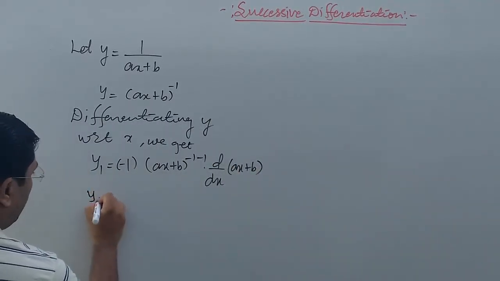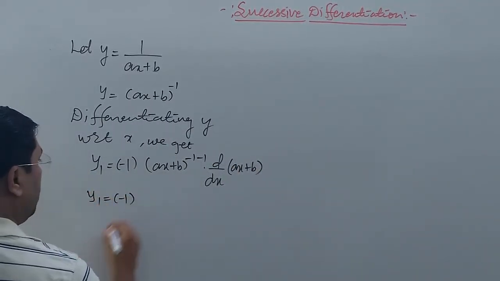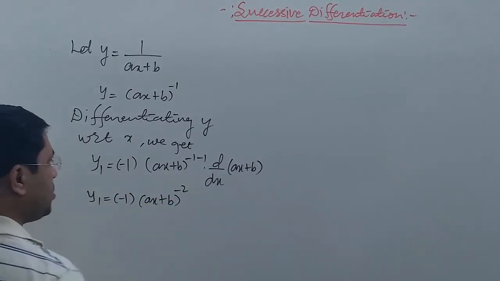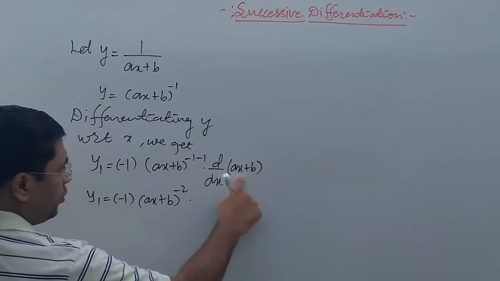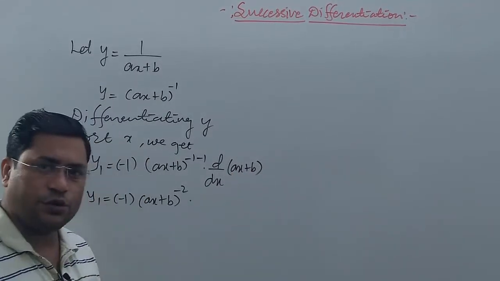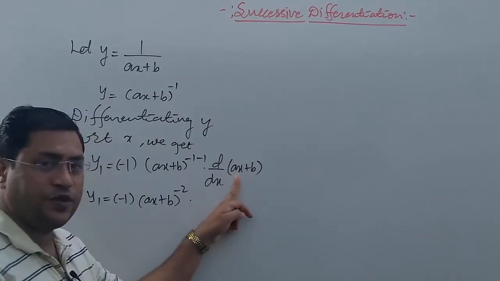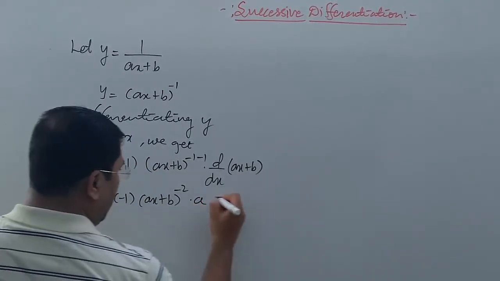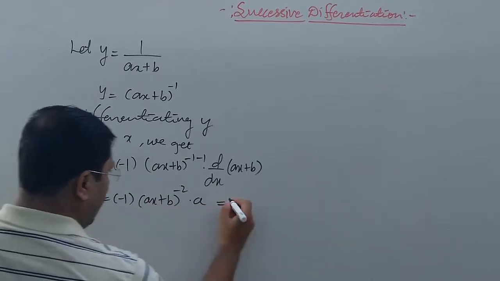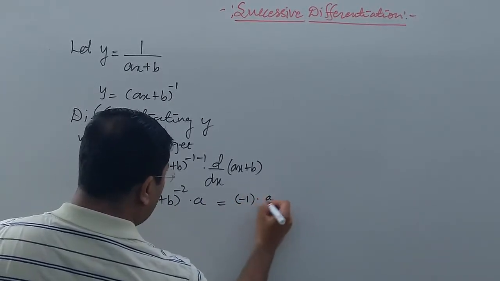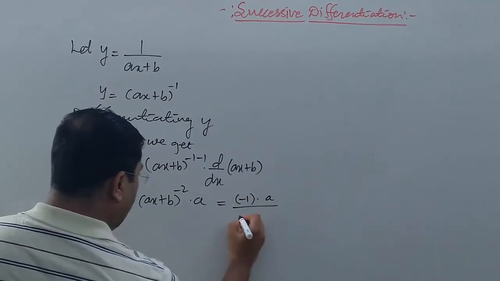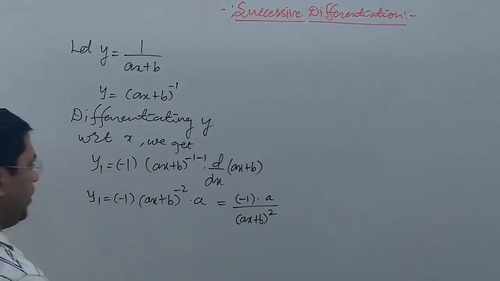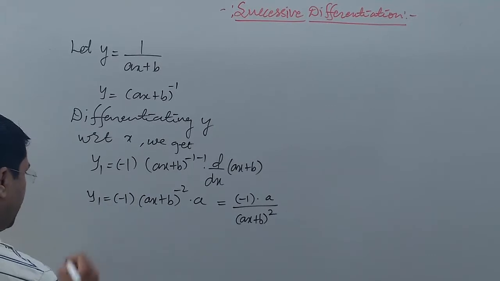So we got y1 is equal to minus 1 into (ax plus b) raised to minus 2 into a. Or we can rewrite this as minus 1 into a upon (ax plus b) squared.